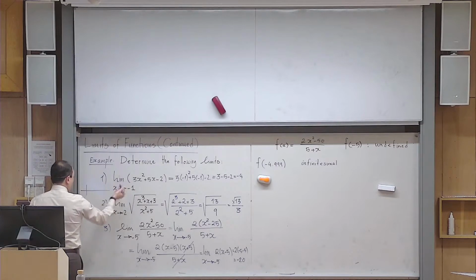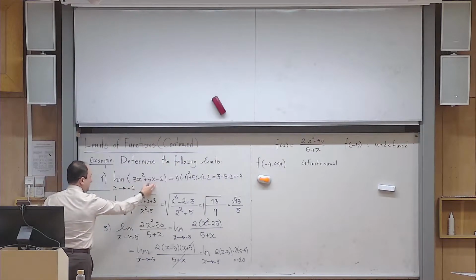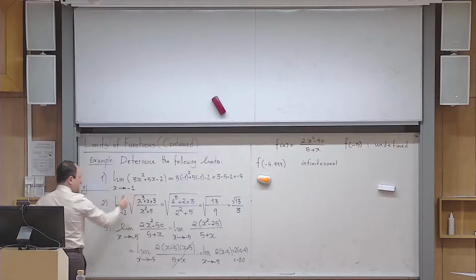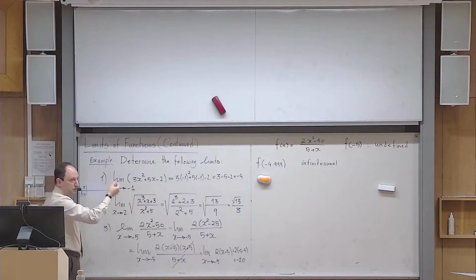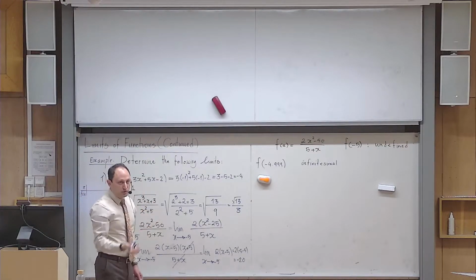So I have to put x and my f of x here and start writing the numbers close to minus 1, and then calculate the value of this function for the numbers close to minus 1 and see what is the behavior of my function. If the values are approaching a particular number, that number is called the limit.